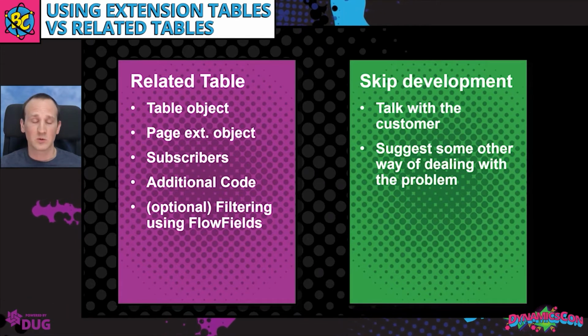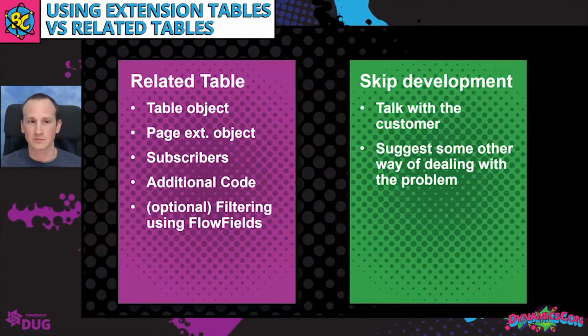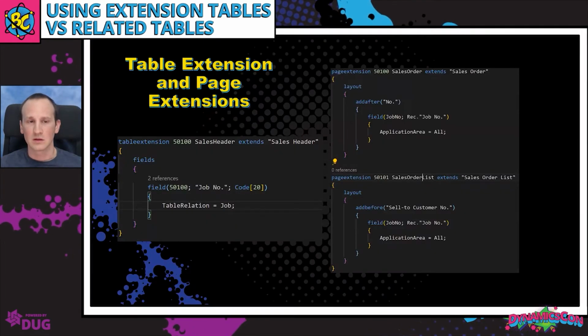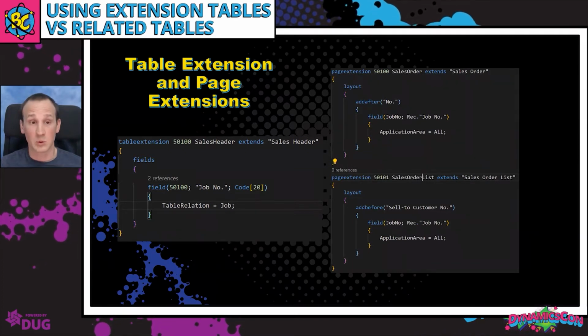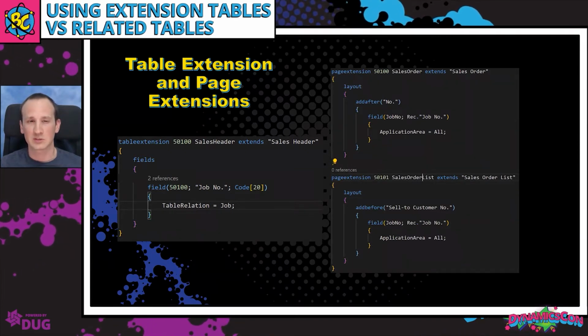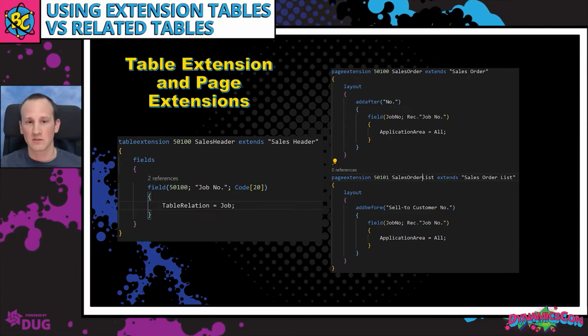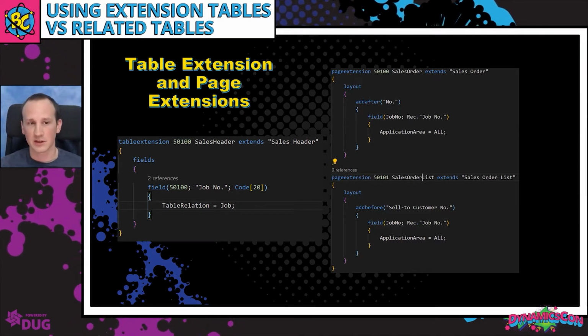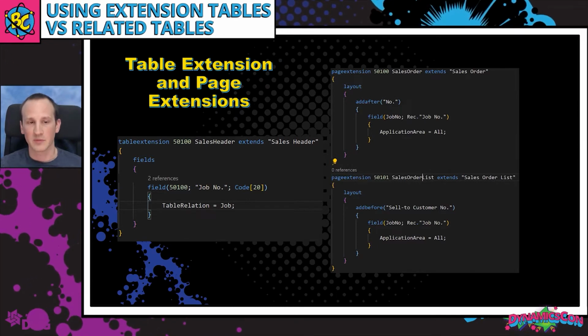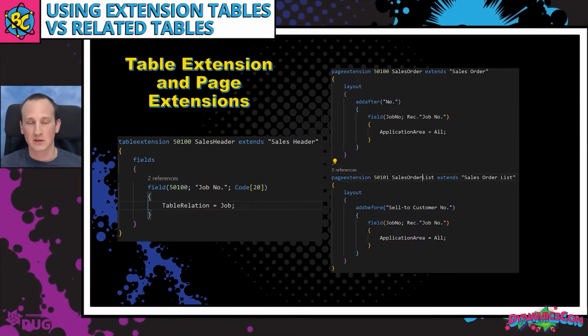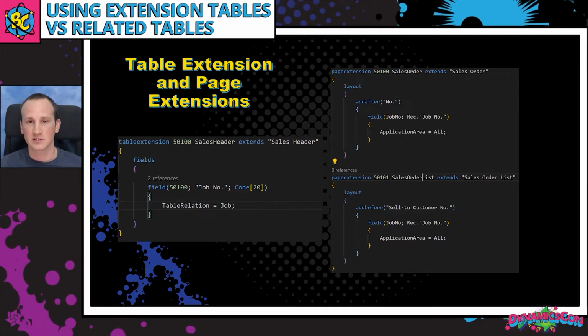Let's now see what we need for those approaches. For the official and straightforward way, which most developers are familiar with, we don't have to do much. We just need to create a table extension saying which field will be added to the base table and to extend the sales card and the sales order.